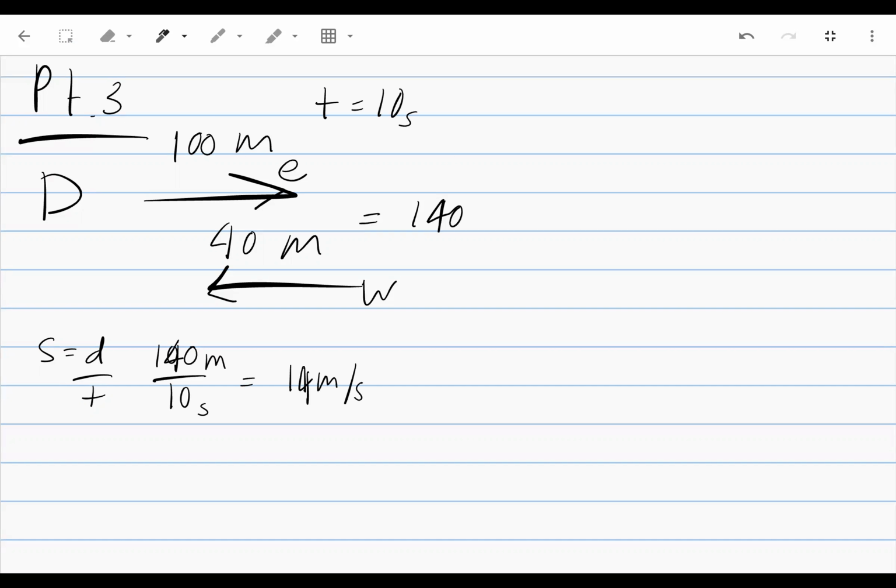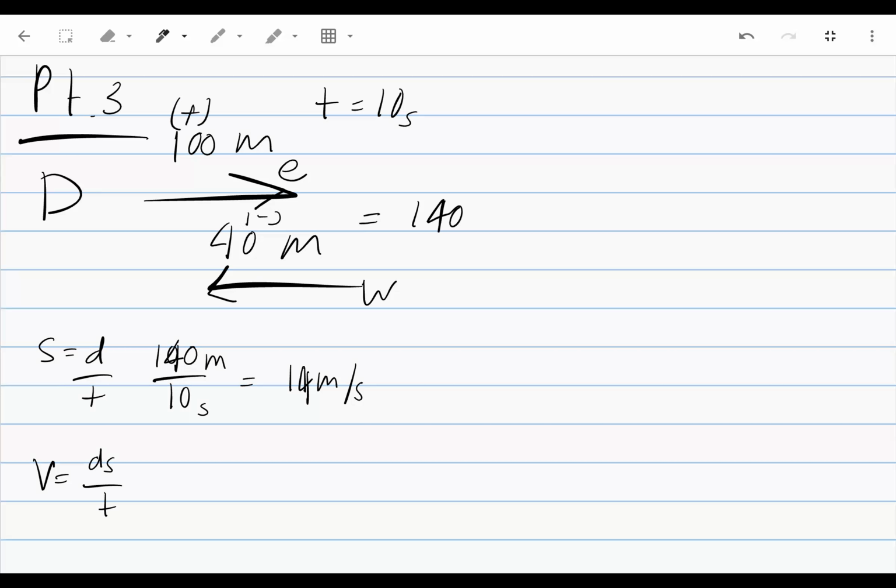And then again, this would apply to average velocity, which is just the change in displacement over time. But with displacement, remember, it does have directions. So this is what you would see as positive, and this you would see as negative.